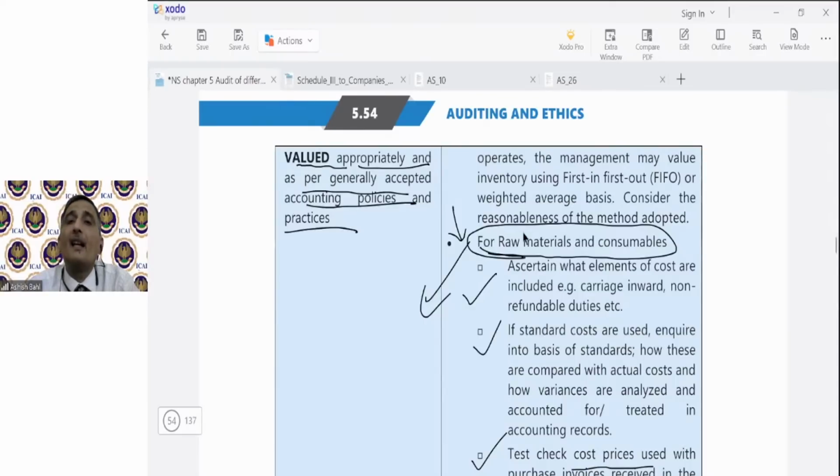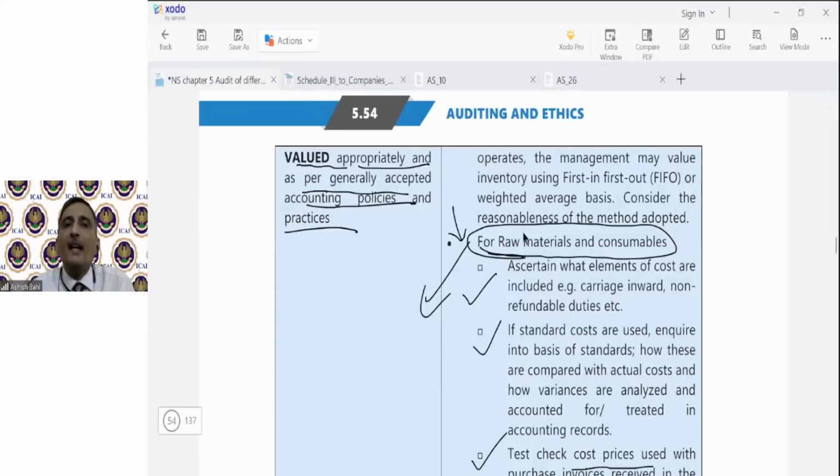You have to remember, Ankur, that physical verification, physical count is the responsibility of management. It is not that the auditor always attends the physical inventory count.